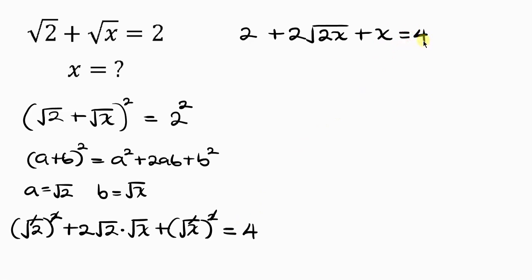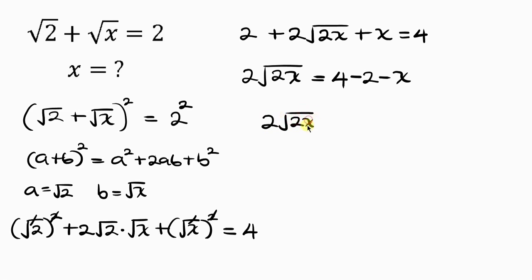Our next step will be for us to move 2 and x to the right-hand side, so that we have 2 times the square root of 2x equal to, so I've already got 4 on the right. As 2 crosses to the right, it becomes minus 2. And as x crosses to the right, it becomes minus x. So this simplifies into 2 times the square root of 2x is equal to, now 4 minus 2 is 2, minus x.